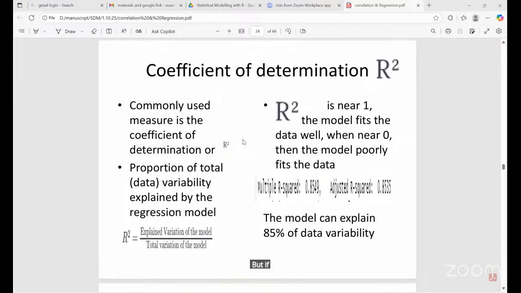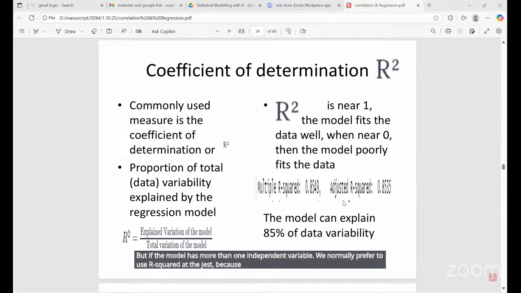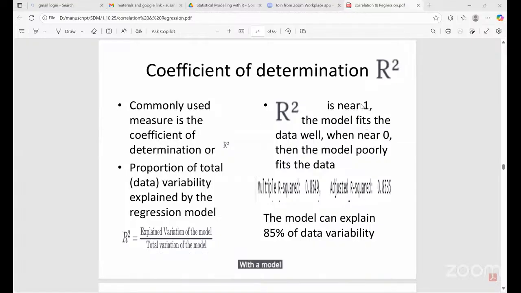But if the model has more than one independent variable, we normally prefer to use R squared adjusted because it adjusts for any parameter added in the model. So if we start with a model with intercept and add in a variable x1, R squared adjusted is going to adjust for adding x1 because you've added another slope. However, R squared only just increases. So when we are dealing with model building, we look at R squared adjusted because of adjusting for any parameter added in the model.